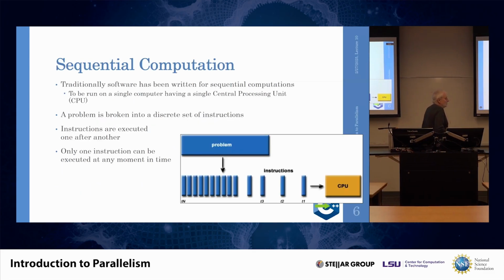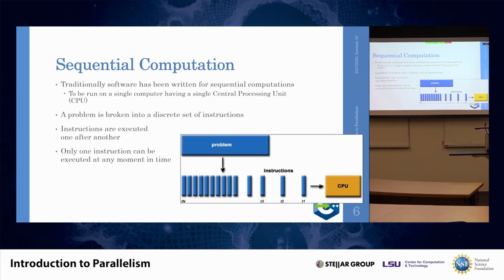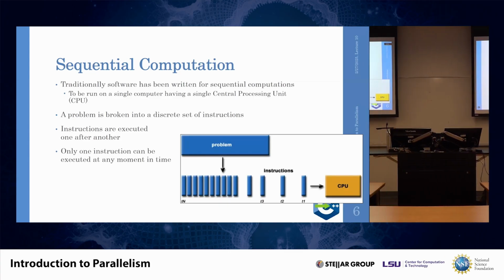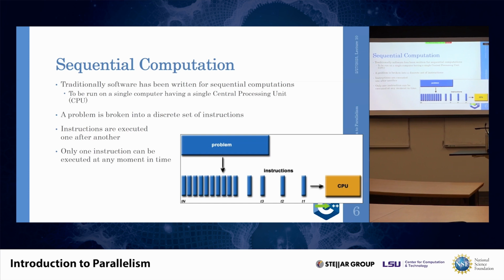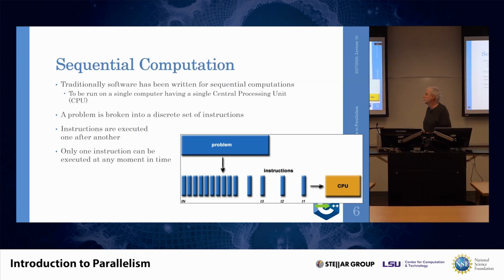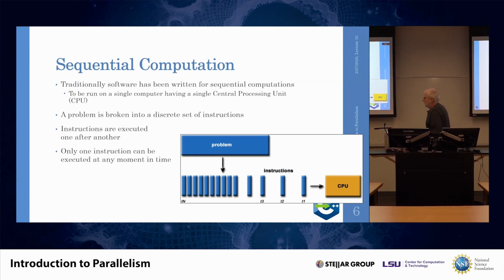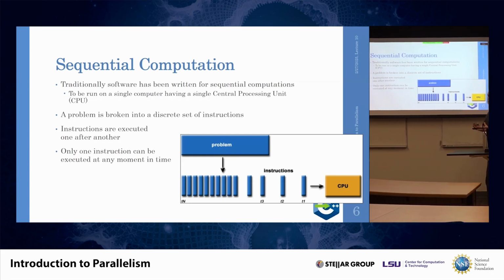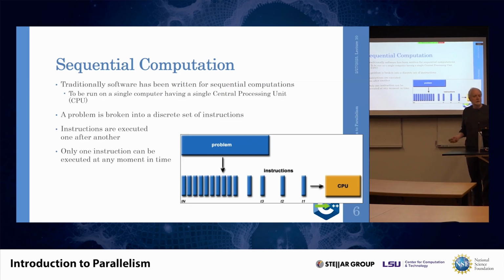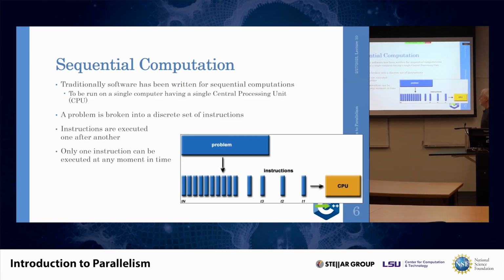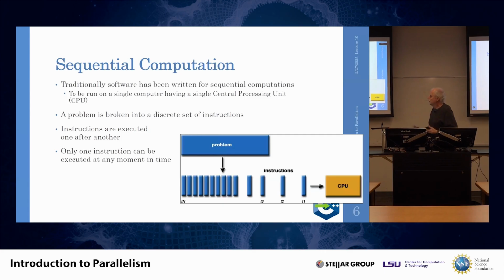Okay, so let's approach that from the ground up, and let's have a look at the different types of computations we see. In traditional software development, you write code for a single core. You create one sequence of instructions, and you want to run that on a single computer having a single central processing unit.